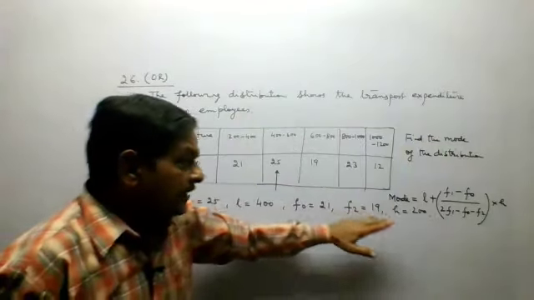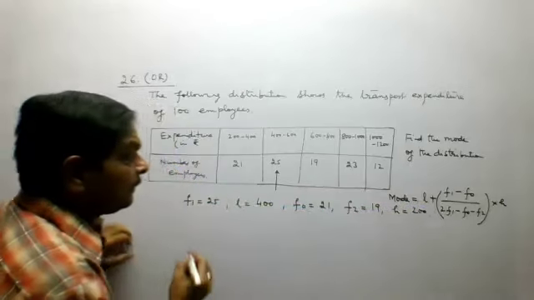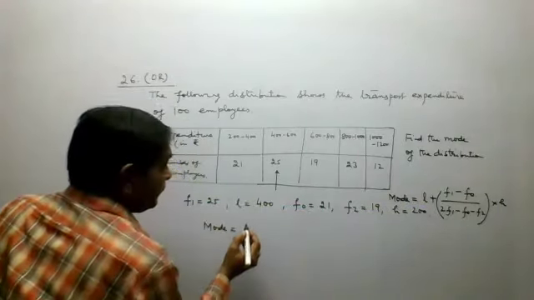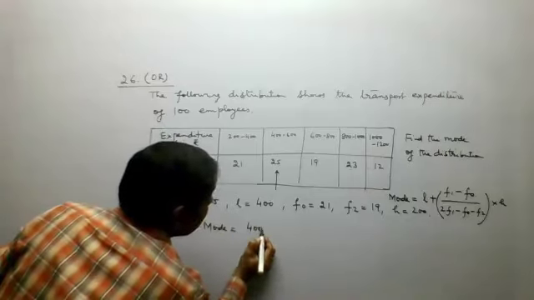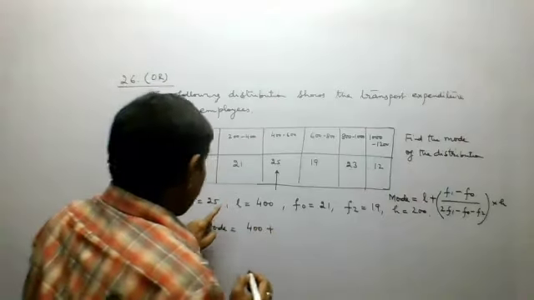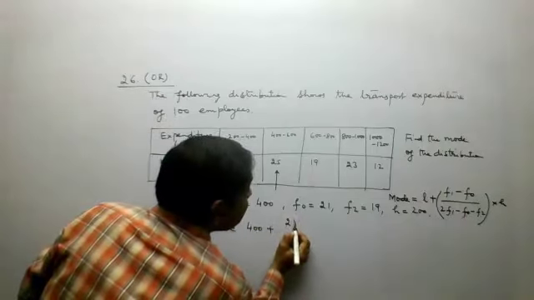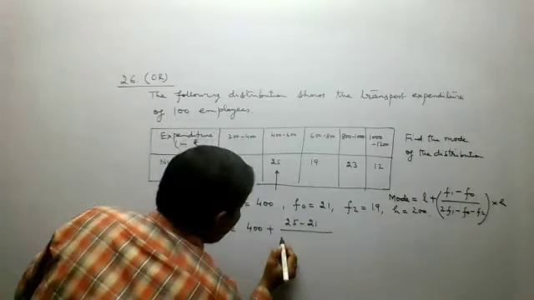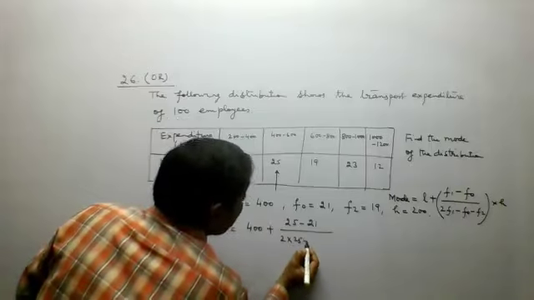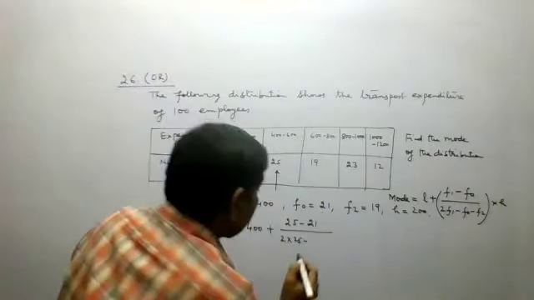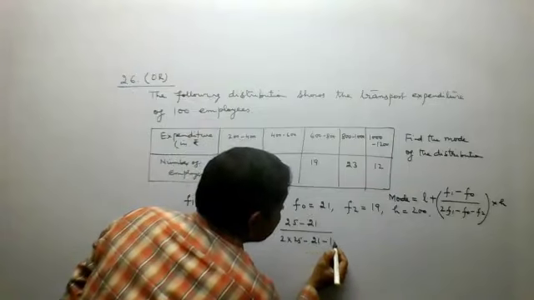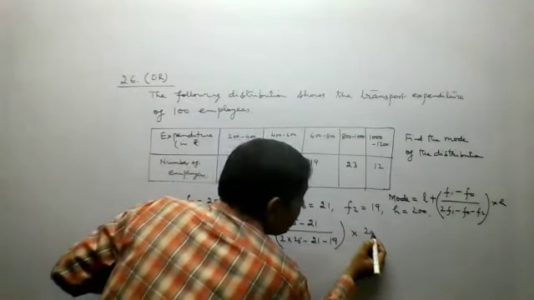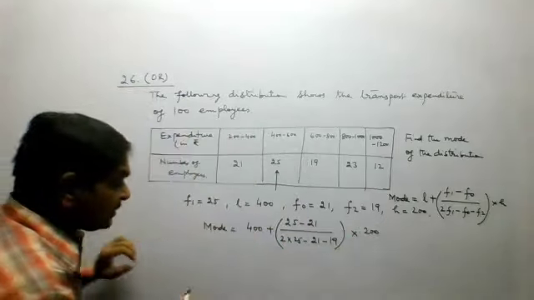Now we will put these values in the given formula. So mode is equal to 400 plus 25 minus F0 is 21 upon 2 into 25 minus 21 minus 19 into 200. We have to compute this.